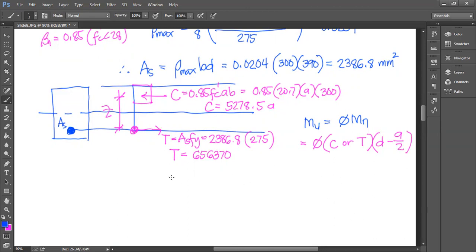Ayan. So we need to find the value of A. So meron tayong 5278.5A is equal to 656,370. Wherein value of A is now equal to 124.347.